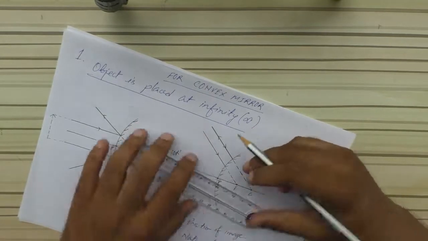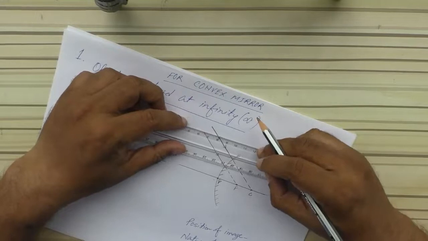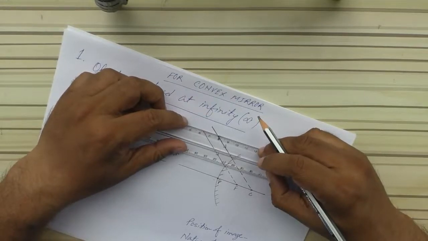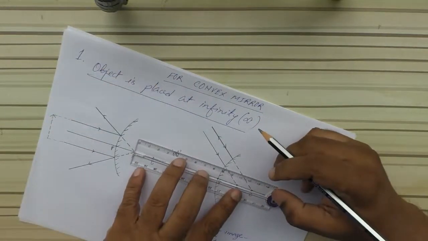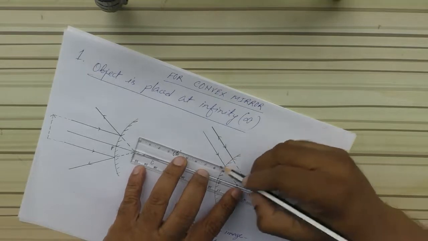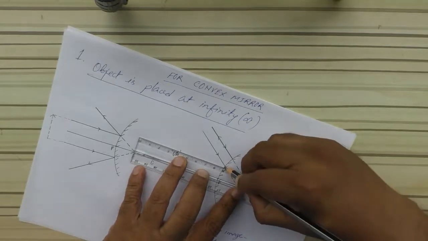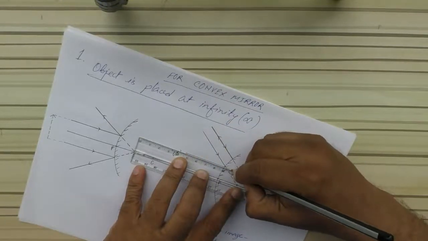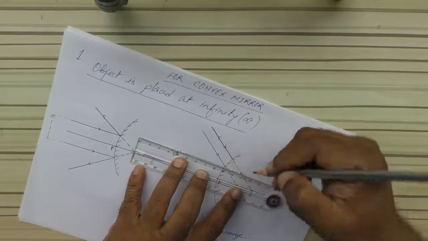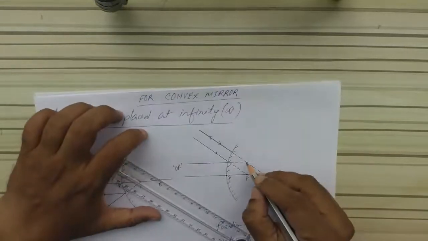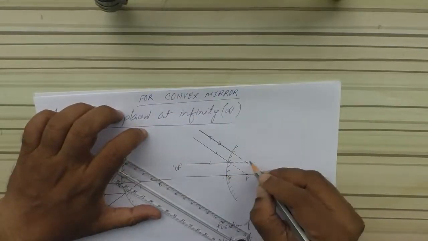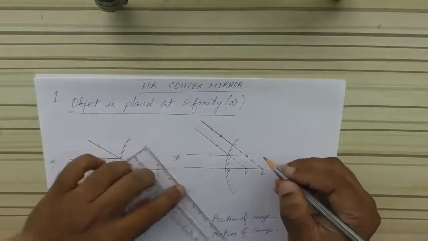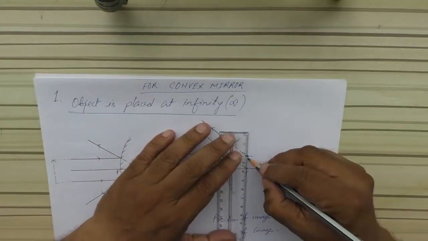So after reflection according to the rule, this light ray becomes parallel to the principal axis. If you produce it back, it will intersect with this reflected ray. So this is the point of intersection, and here we can draw the image.